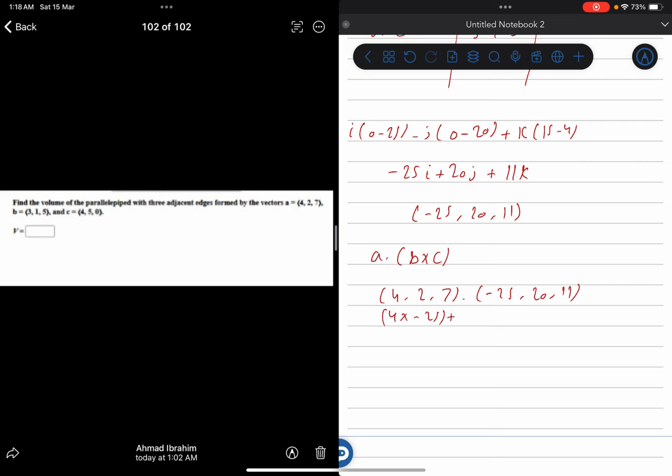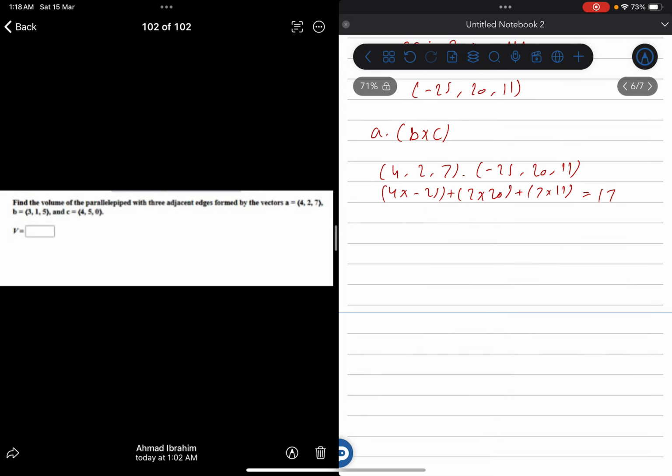Okay, and we have 2 and 7 times 11. We end up with 17. The answer is 17.